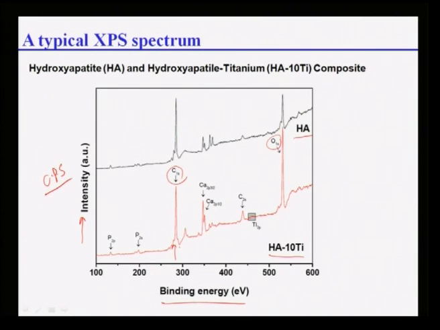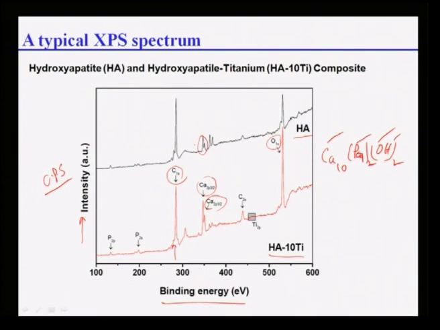Because it is hydroxyapatite, with the formula Ca10(PO4)6(OH)2, there is phosphorus, calcium, oxygen, and hydrogen. Hydrogen is normally not detected. You see the oxygen peaks, and the calcium peaks are here, calcium 2p 3/2 and calcium 2p 1/2. We are going to discuss the meaning of that.